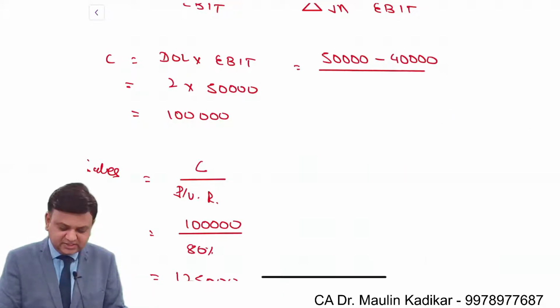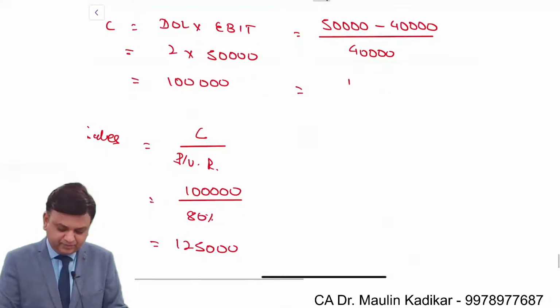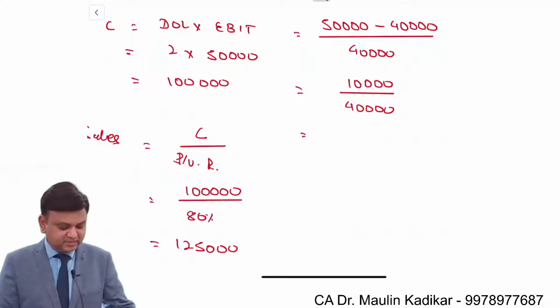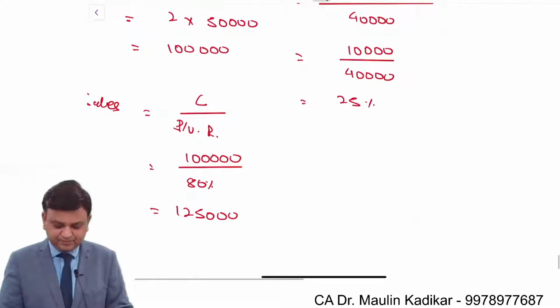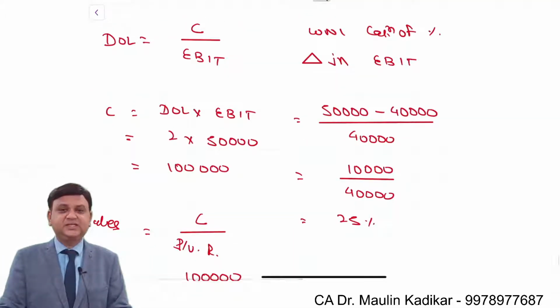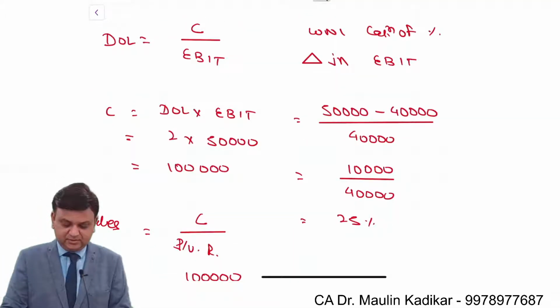So that is an increase in EBIT by 10,000. So 10,000 rupees increase over 40,000, so in that case it comes to 25 percentage. So first you have to find percentage change in EBIT.